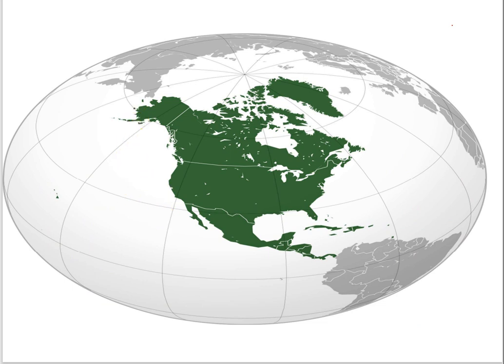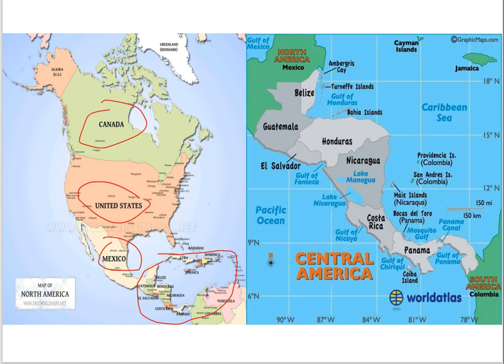Next, how many countries are there? Approximately 38 countries as per the UN, United Nations, and there are so many areas, or land masses, which claim that they are independent.